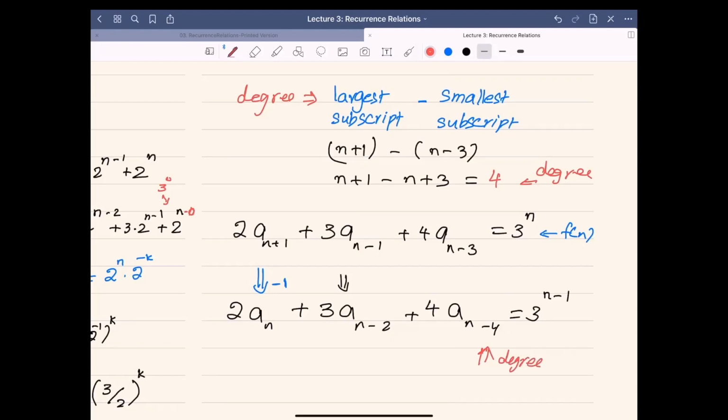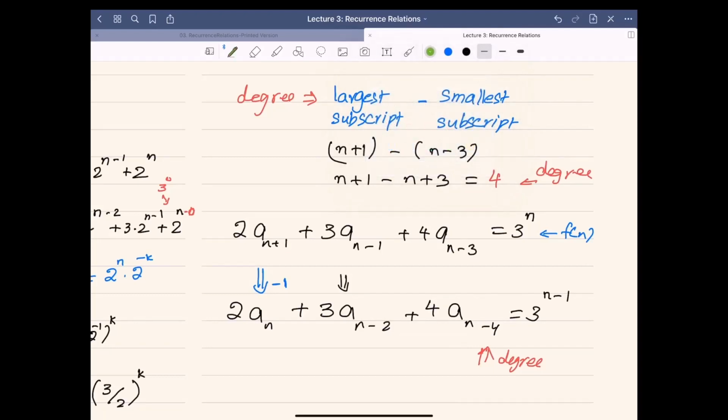If you write it in this way, and you combine all a_n terms on one side, then the equation that we are going to get is called a homogeneous recurrence relation. It is here.